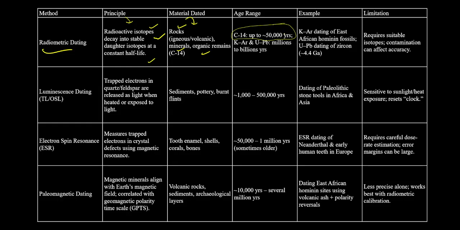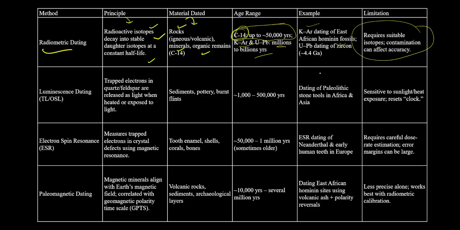Clear? This is the age range of C14, and for potassium argon, millions to billions of years we can identify. For example, potassium argon dating of East African hominin fossils. Okay, its limitation is it requires suitable isotopes. Contamination can affect the accuracy.